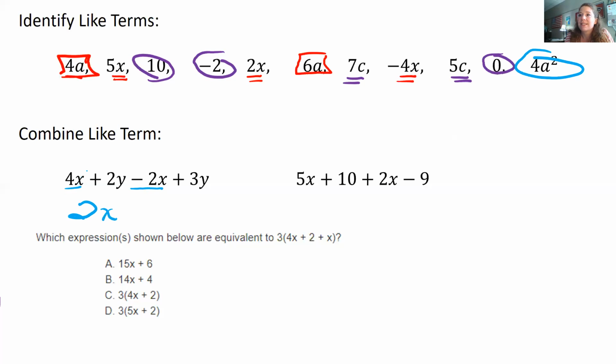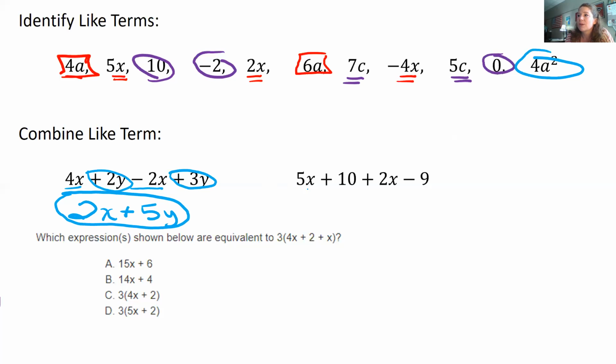And then these are like terms. So we have a positive 2y and a positive 3y. So that's like saying 2 yo-yos plus 3 yo-yos is what? 5 yo-yos, right? And now, since x and y are unlike terms, that's as far as we can go. We can't go any farther right there. That is the answer. We have simplified it.